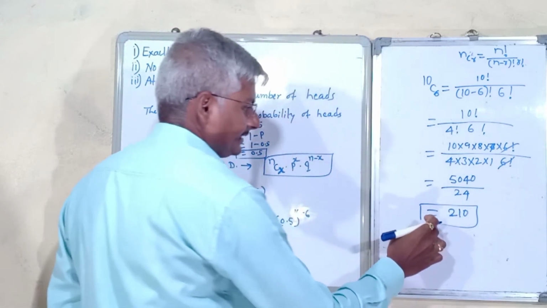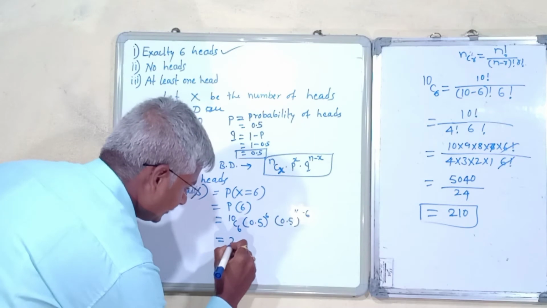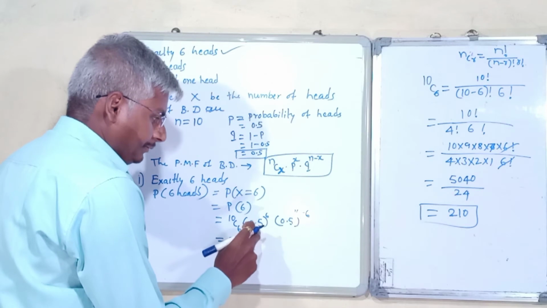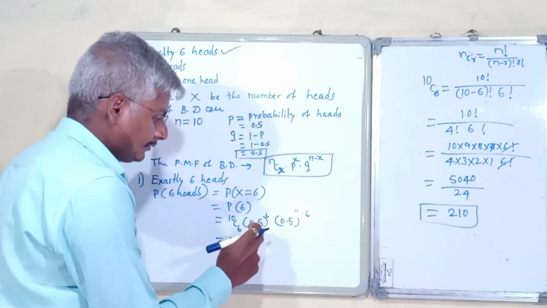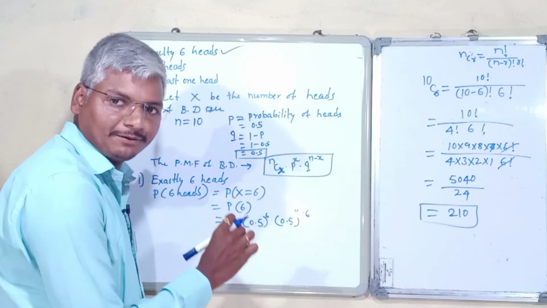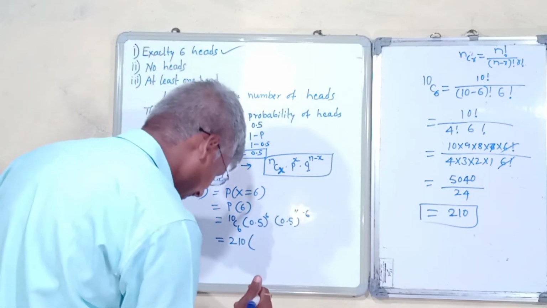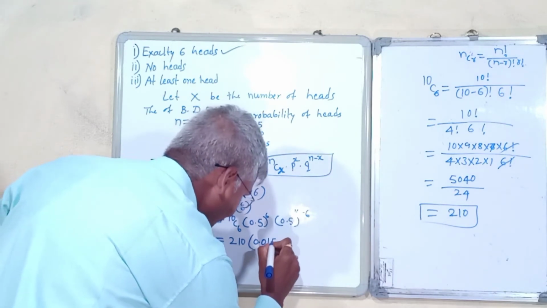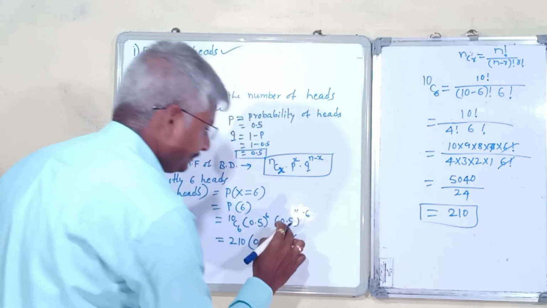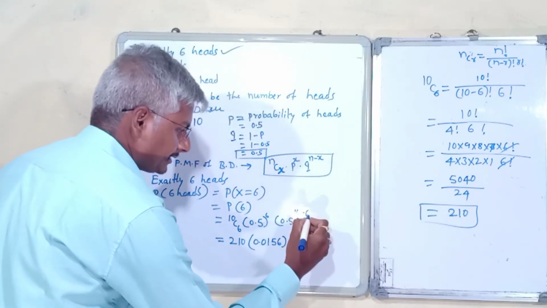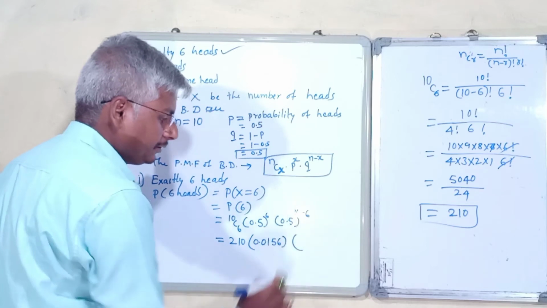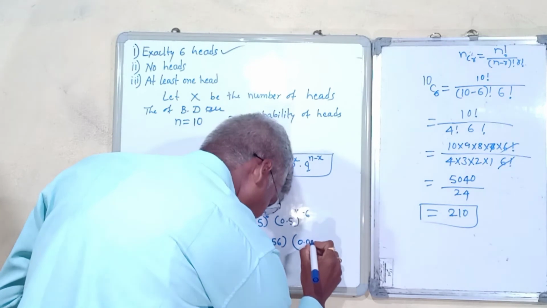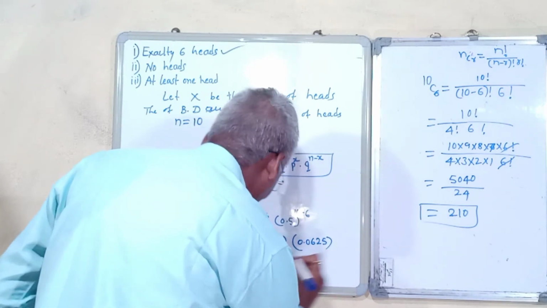This is 10C6. We will insert here 210 into 0.5 to the power of 6, that is 0.5 into 0.5, 6 times, which is 0.0156, into 0.5 to the power of 10 minus 6, that is 4, so 0.5 four times, which comes around 0.0625.